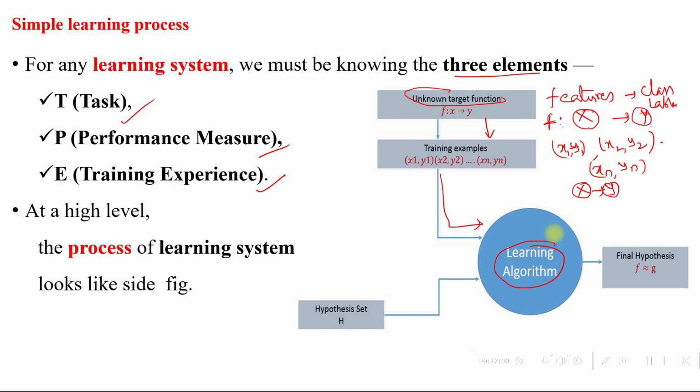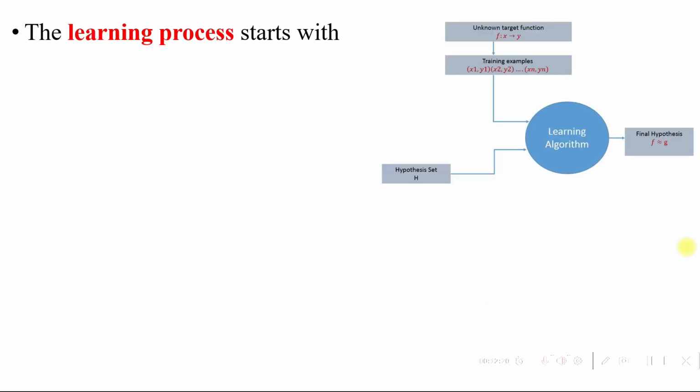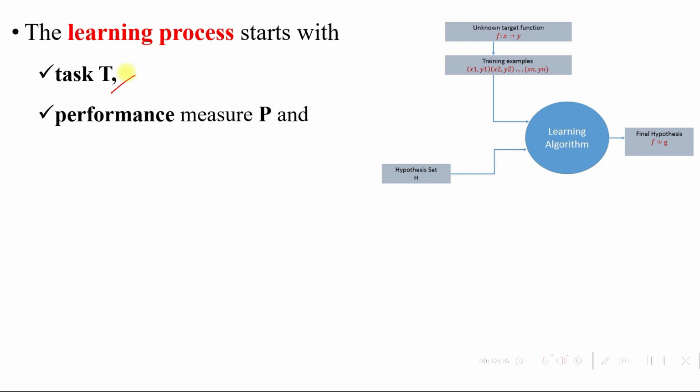For this model we give a hypothesis set, and the model gives the final hypothesis, F equal to G. This is called a simple learning process. The learning process starts with task T, performance measure P, and training experience E.